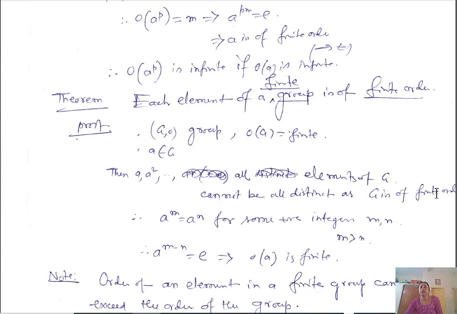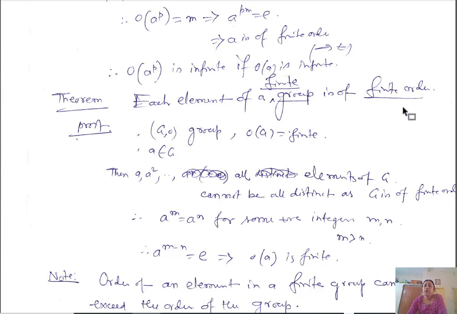Since G is of finite order, after some time it will repeat. So a to the power m will be equal to a to the power n for some positive integers m and n, where m is greater than n, suppose. This gives me a to the power m minus n equal to e. That means the order of a is finite.